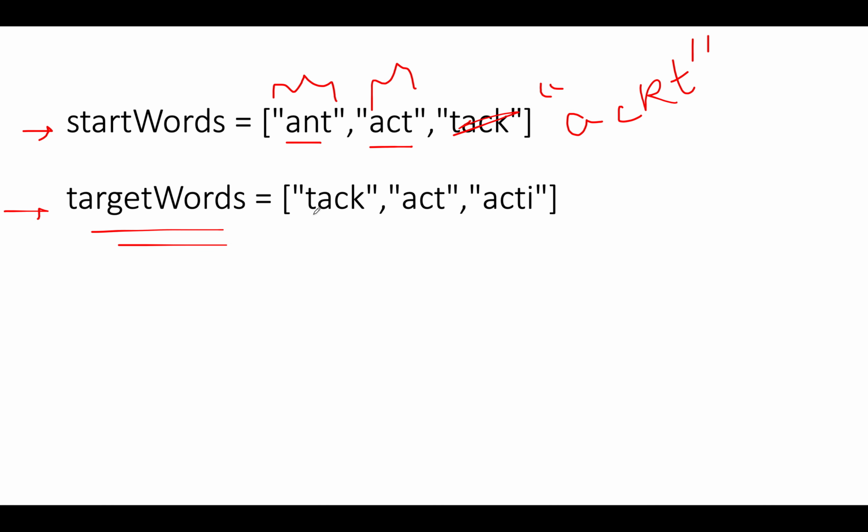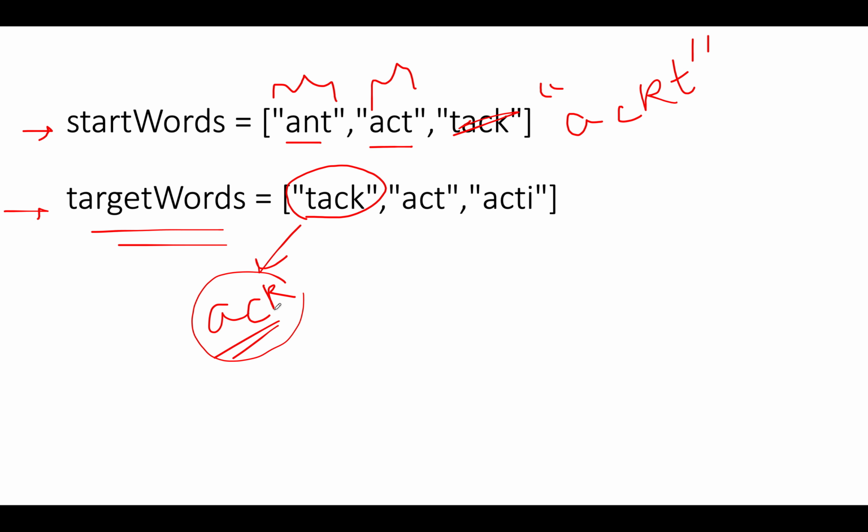I'll start with each word and simply remove one character from it. Let's assume that T gets removed, and what remains is ACK. I'm going to sort the remaining substring that I have generated. It is already sorted, luckily, and I'll check whether this string is part of my start words or not.